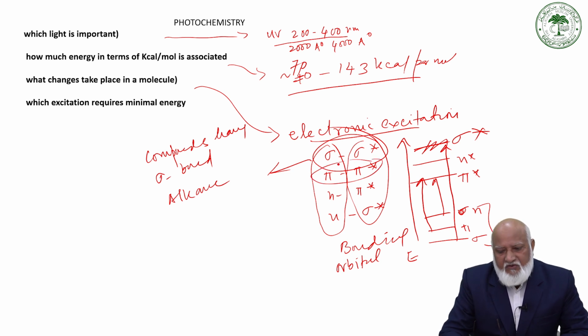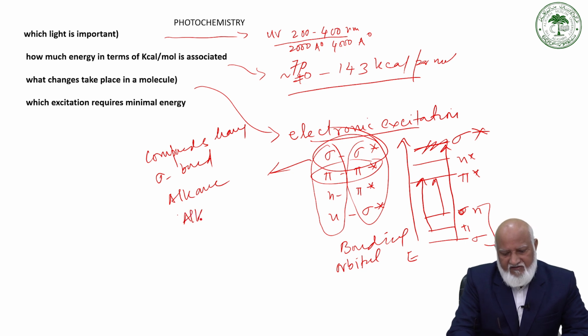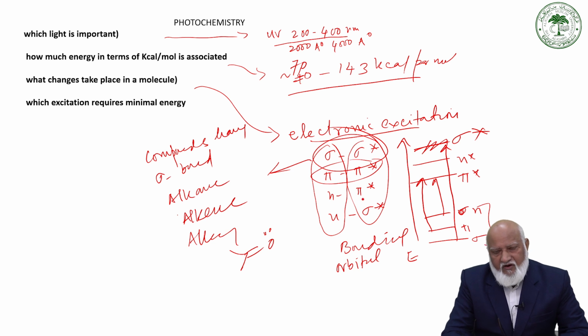In what type of molecules does pi to pi star excitation take place? Those molecules which have pi bonding electrons, for example alkene, alkyne, and even carbonyl. Carbonyl also has a pi bond.